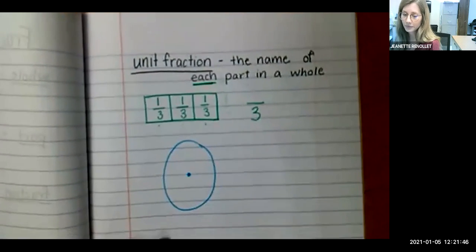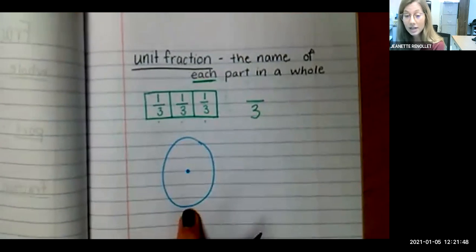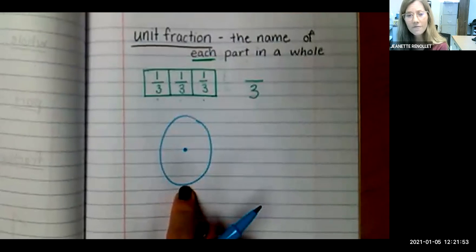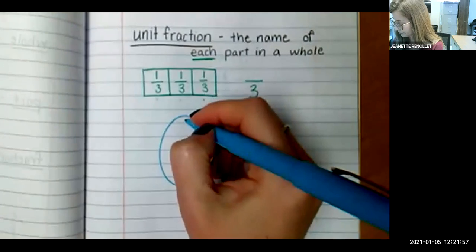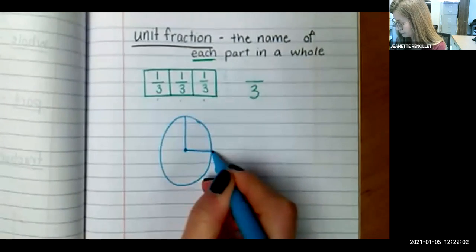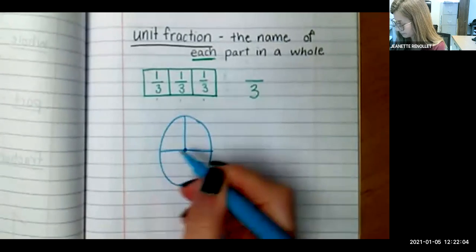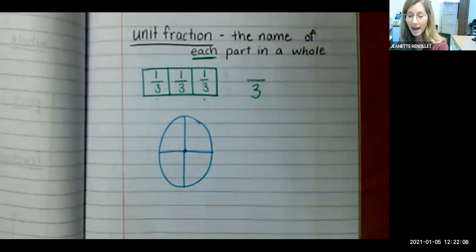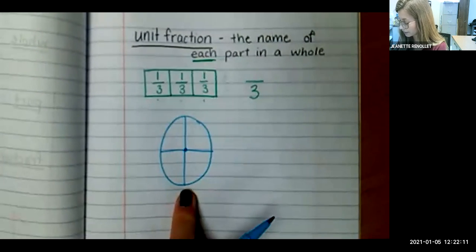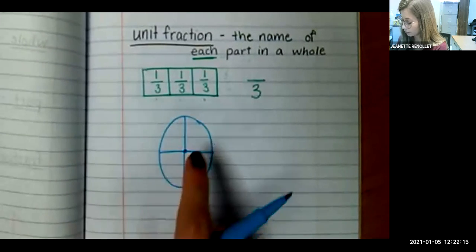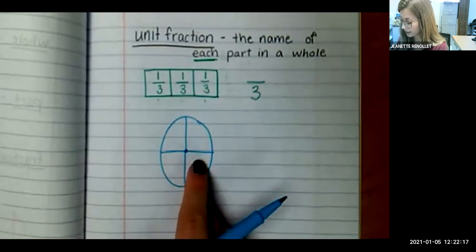I start in the middle, and I would like us to partition this model into 4 equal areas. I have now partitioned the model into 4 equal areas, or 4 equal parts.